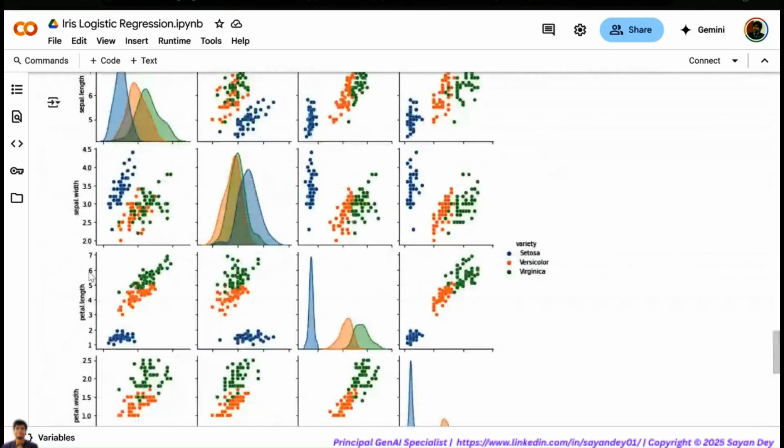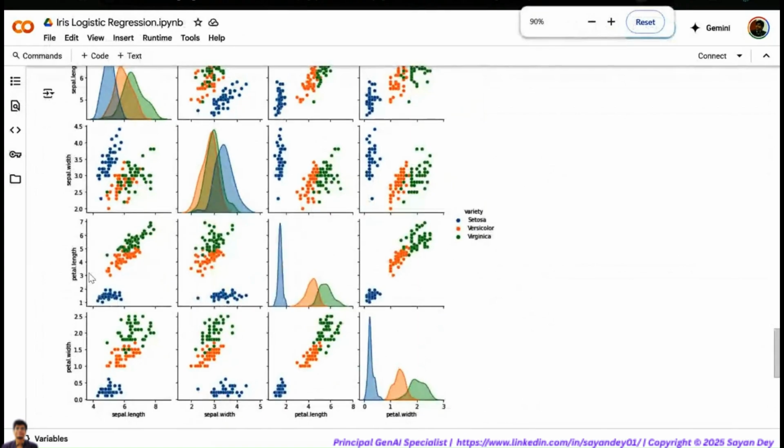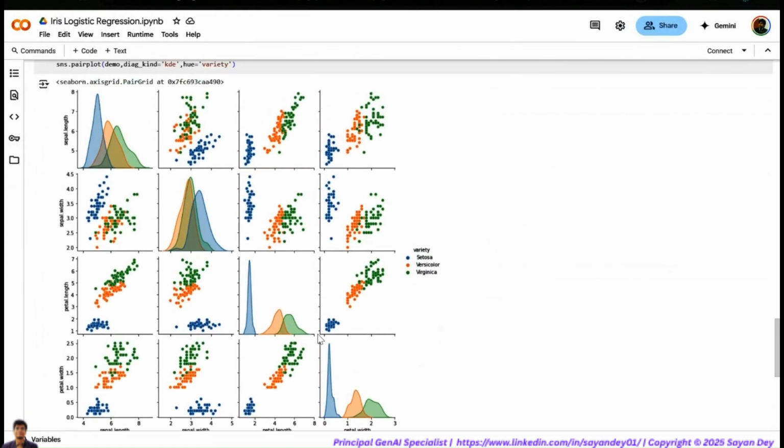Next up, we are looking at the pair plot, something that we talked about in the previous discussions. And you can clearly see from the pair plot that we have a very strong separation between the classes. So when I do the pair plot, we are able to see that for the 4 features that we have, the classes, the different varieties of flowers like Iris setosa, Iris versicolor, Iris virginica, we are able to see a very strong separation between the classes.